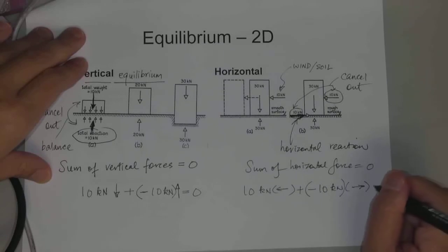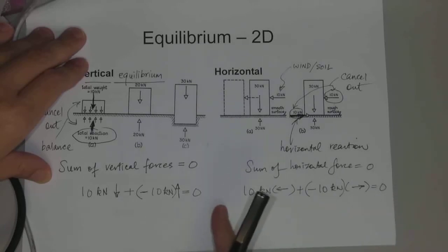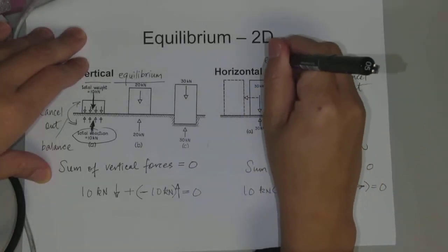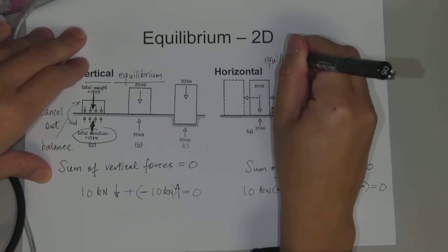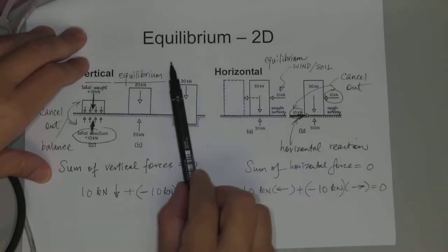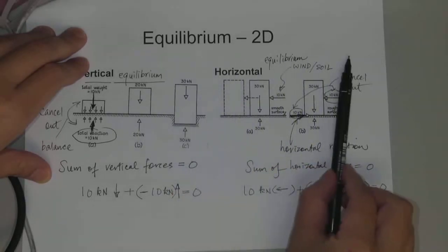And they must add up to 0. So if all forces in the horizontal direction, added together, are 0, then you have horizontal equilibrium. In other words, it won't move in the horizontal direction.